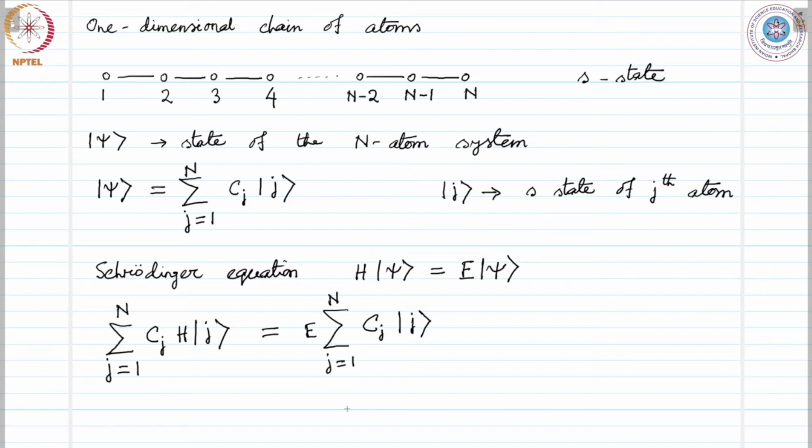Now, in the next step, we are going to multiply a bra vector from the left. Let's call it p.